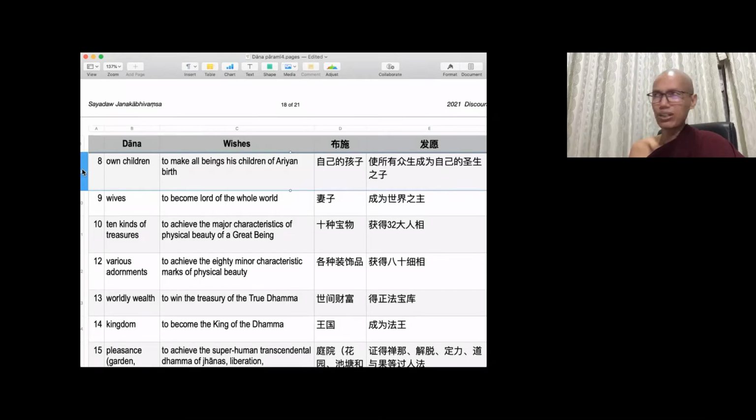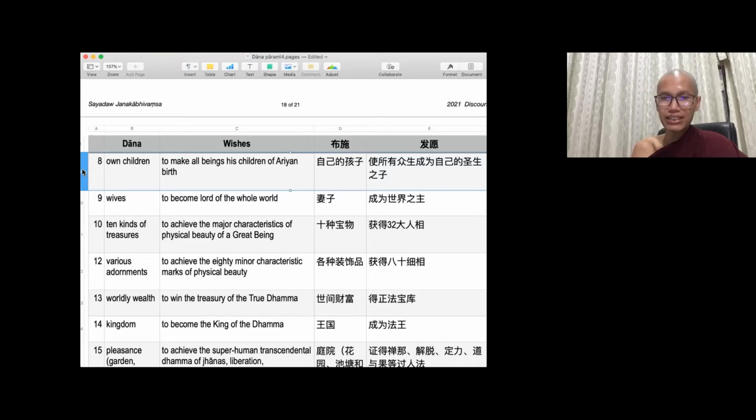There is one Janakābhivaṃsa, Vidura Janaka. Vidura is a Bodhisattva. He has to serve the king. He is a king's counselor, a state counselor.